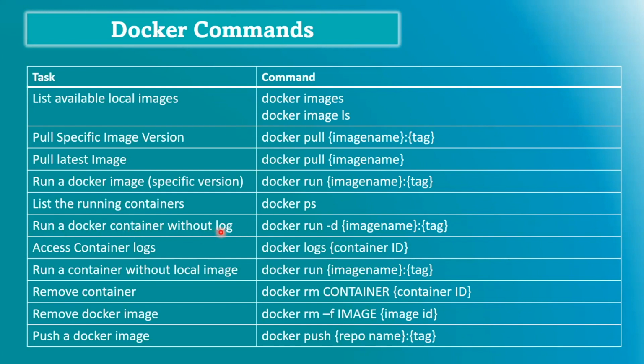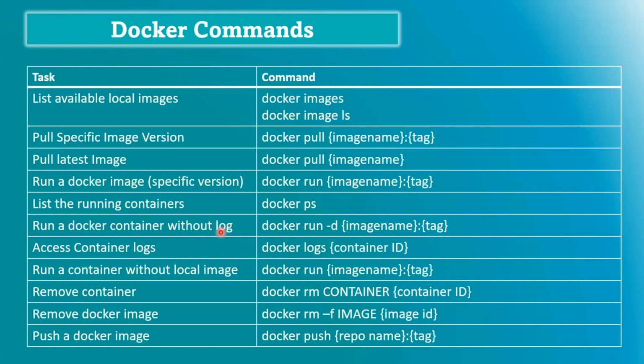Run a Docker container without the log. We have already seen the demo that in the detach mode, because when you are running the Nginx container, when you ran it, it captured my console. And if you want to perform any other command, you won't be able to. Now, in the detach mode, we were able to gain control, but there were no logs.